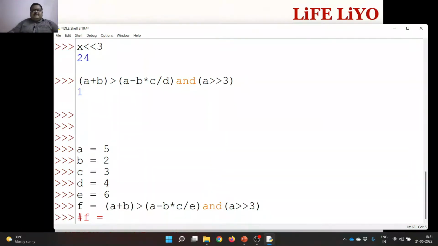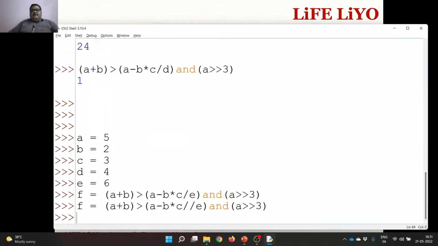So first 7 greater than, then this parenthesis is going to be evaluated. I will take the floor division. F equal to 7 greater than. Now A minus B into C, floor division E. Out of this, minus, asterisk, floor division.